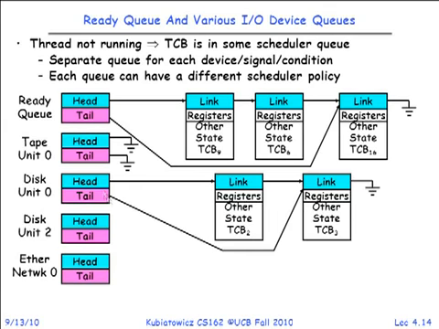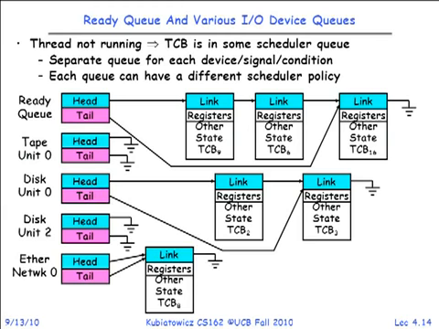It might be 2 disks, and the second one doesn't have anybody using it. And there might be links for waiting on the network. Basically, the ones that aren't on the ready queue are sitting here waiting for some signal to come in, wake them up, and put them back on the ready queue. So you could say that a lot of what happens inside the operating system is queue management. We're going to manage the TCBs. Questions?